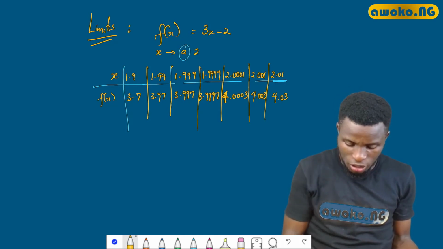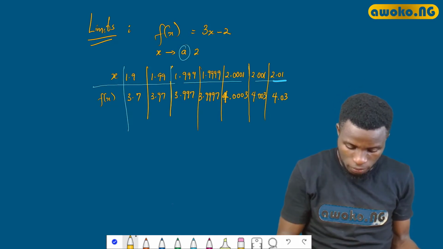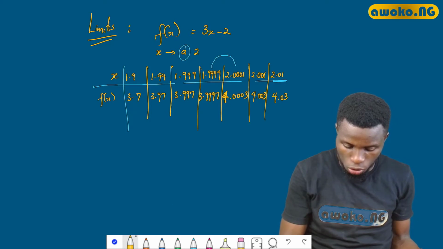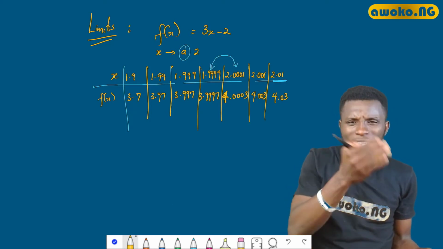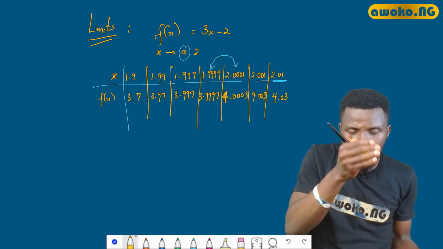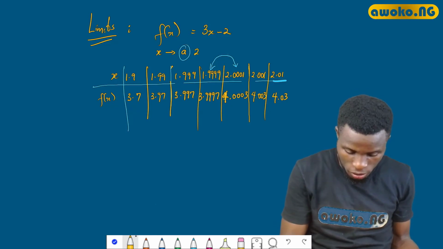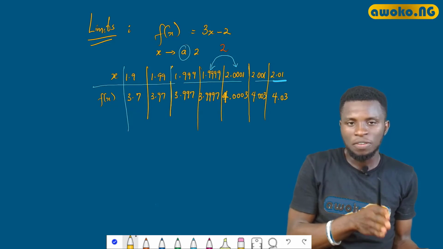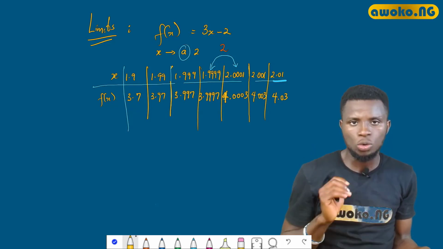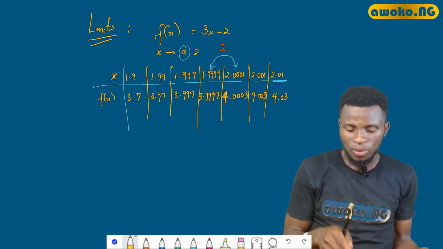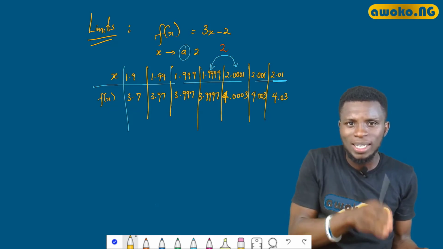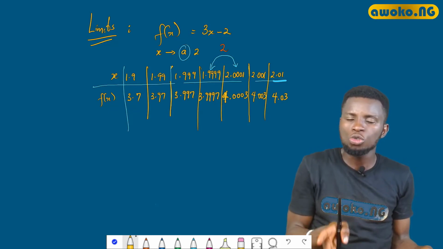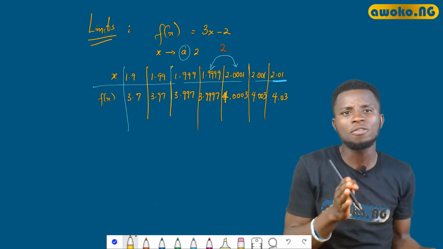You realize that between these two values, we have smaller values. But out of those smaller values, we have a value 2. Okay? So as the value of x tends to 2, the value of f of x gets closer to the whole number 4.